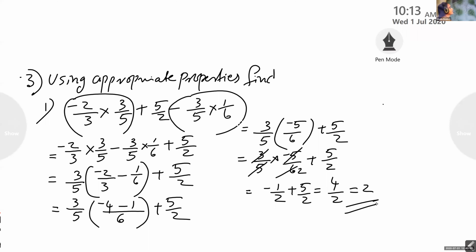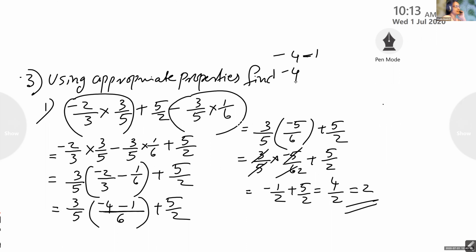Ma'am, I have a doubt. Yes. Ask. Ma'am, how is this negative 4 minus 1 by 6 coming? Ma'am, that I didn't understand. Okay, this step, isn't it? Negative 4 minus 1, how can we do this? Negative 4, subtraction means change the sign and add.